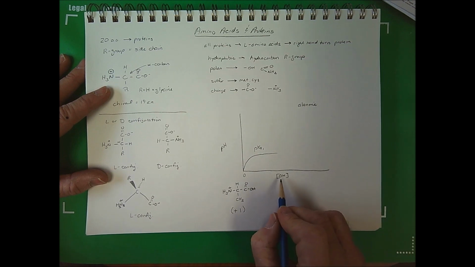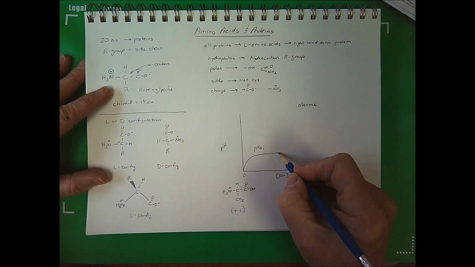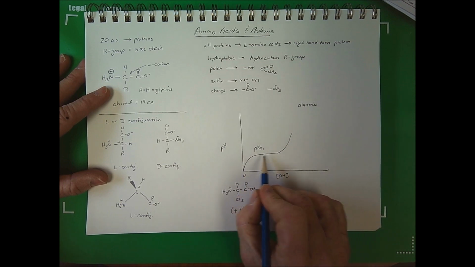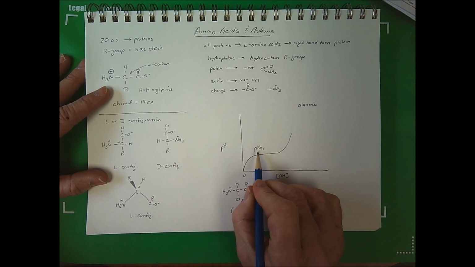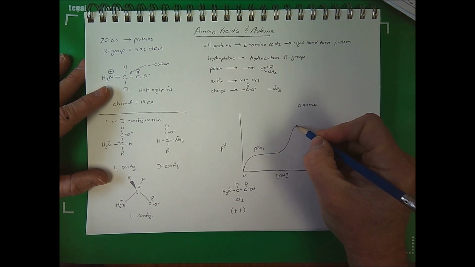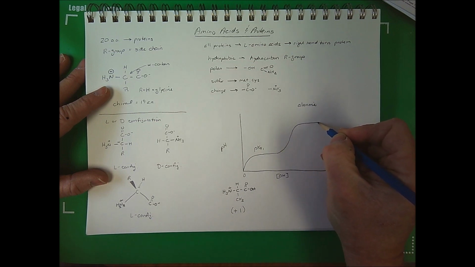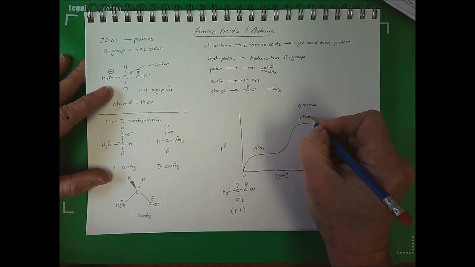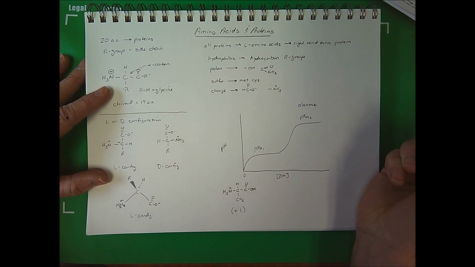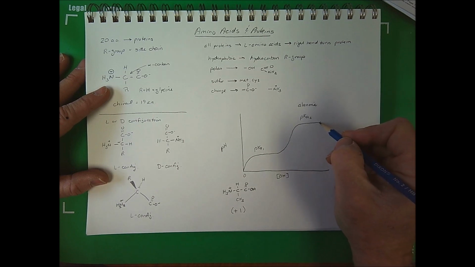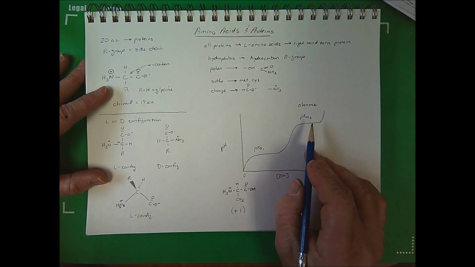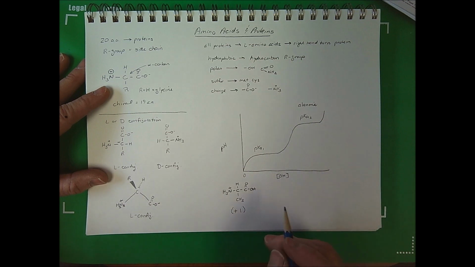If we continue with our hydroxide ion titration, we will see that our pH starts to climb after we are past the buffering capacity of this particular group, and then we will reach another inflection point, which will be pKa 2 for our second titratable group. And again, continuing with our hydroxide ion, the pH will dramatically increase after we move through the buffering capacity of this particular functional group.